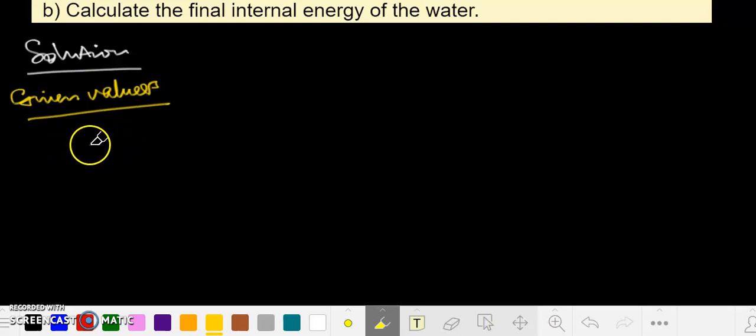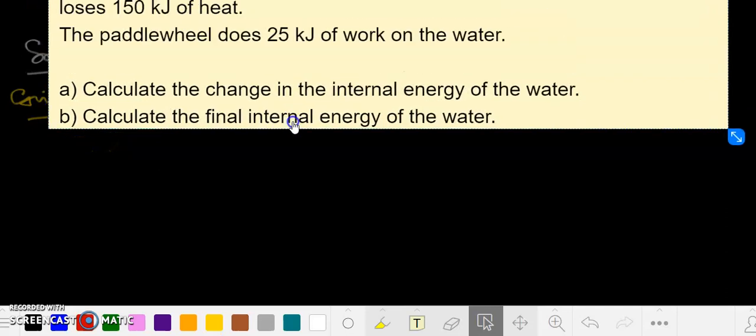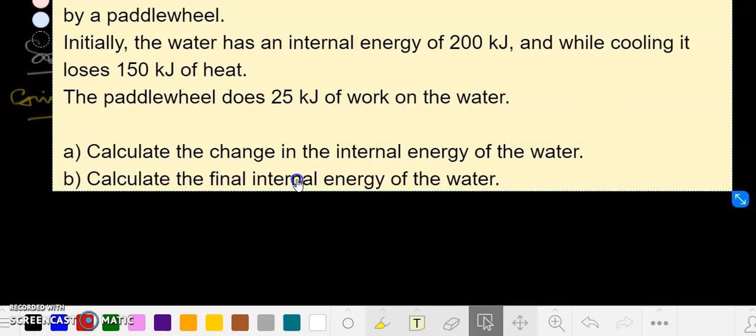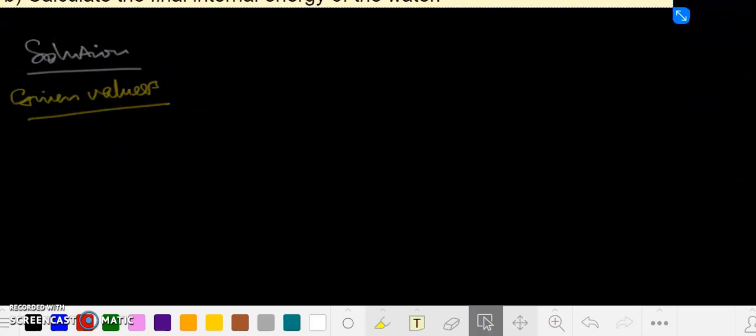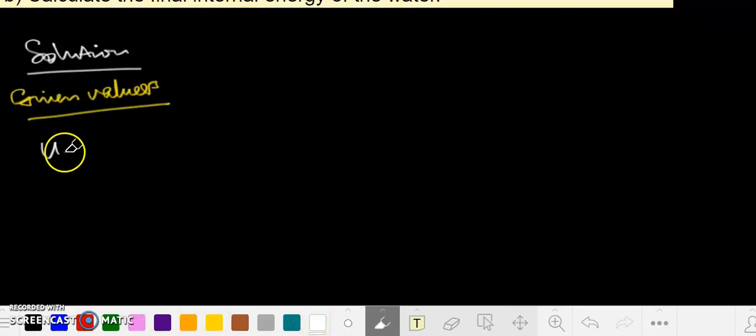We know that the initial energy, because the first question said that we need to calculate the change in internal energy, which will be represented by U. So U, that is the internal energy, is given to be 200 kilojoules.